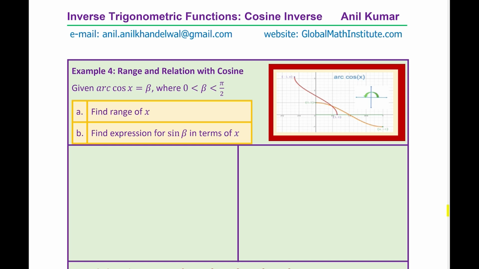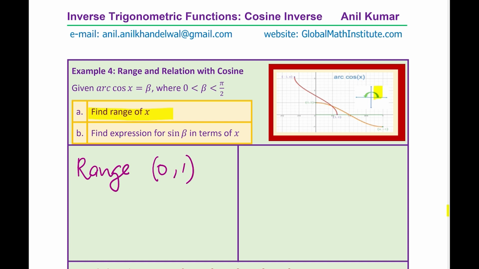So if the angle is between 0 and pi by 2, then what is the range of x? Well, it is not negative, it is from 0 to 1, right? So what are the only values it can take? So the range will be from, well, the condition given here is not including, so we'll say from 0 to 1, correct? Not including.